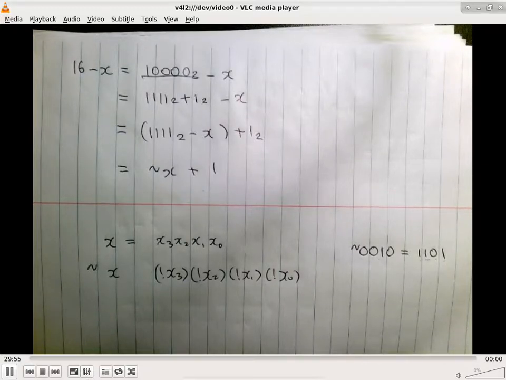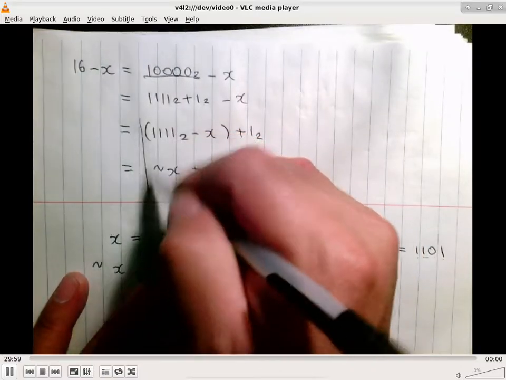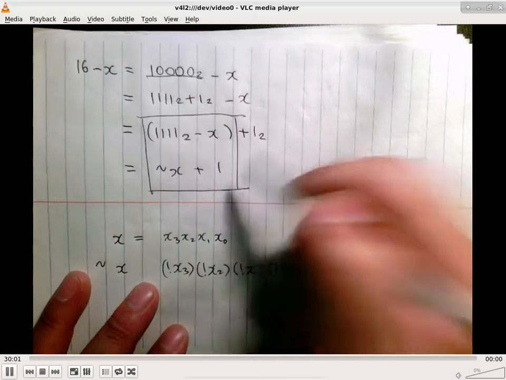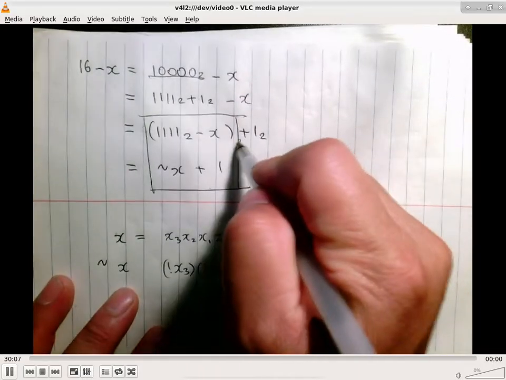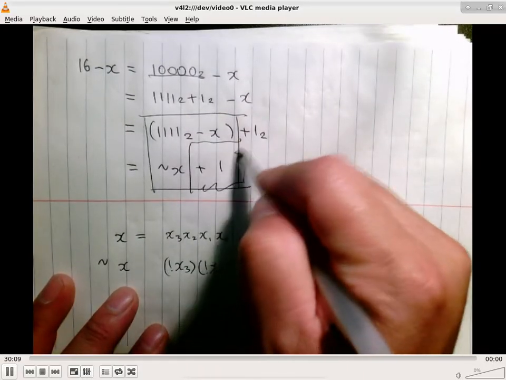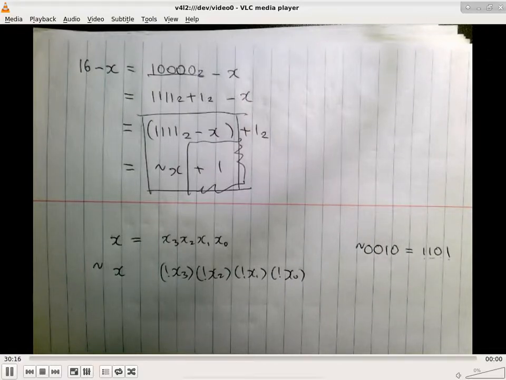Okay, so once we know what bitwise not is, what makes this possible? Why is 1111 in base 2 minus x the same thing as a bitwise not? To see how this works, you have to spell it out.